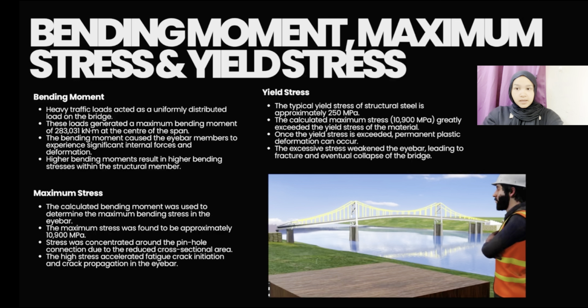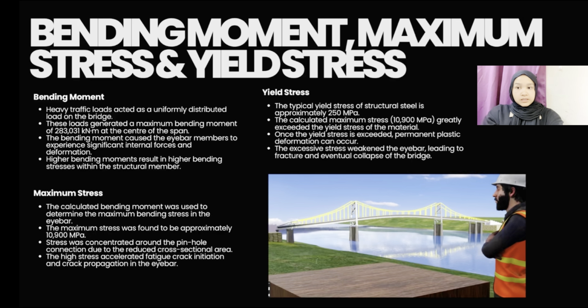I will now present the engineering calculation and analysis related to the Silver Bridge collapse, beginning with the bending moment analysis. To understand the forces acting on the bridge, we first need to analyze the bending moment generated by the traffic loads. When vehicles travel across the bridge, their weight acts as a load on the structure.